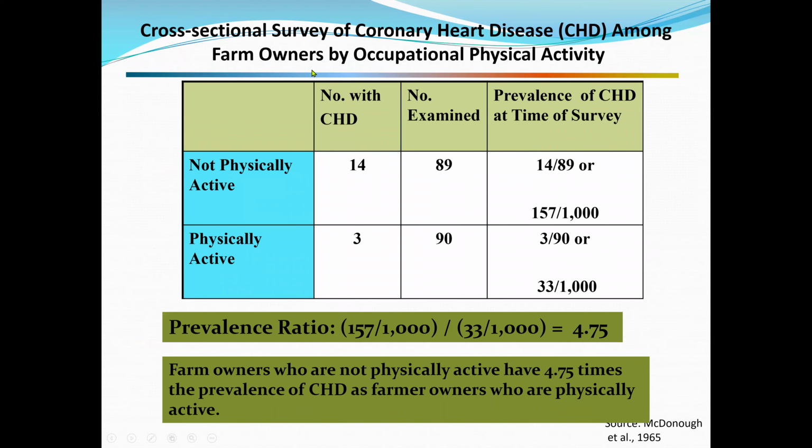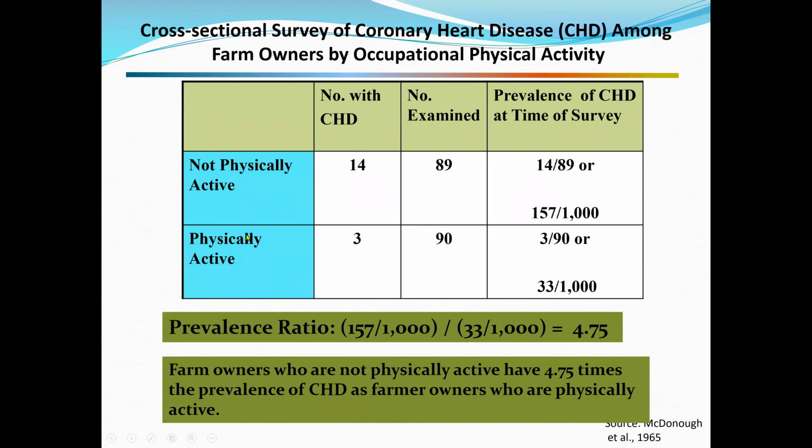Here is a cross-sectional survey of coronary heart disease among farm owners by occupational physical activity. For example, here we have not physically active and physically active. In our case, the exposure is being physically active, and non-exposed means not physically active.